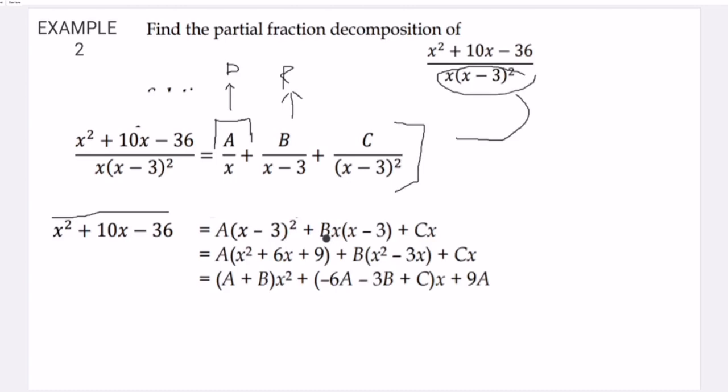This is the result that we arrived at. Next, we need to multiply x times x minus 3 squared in the second term.